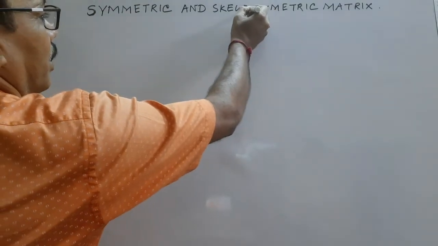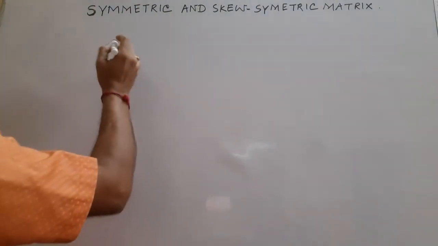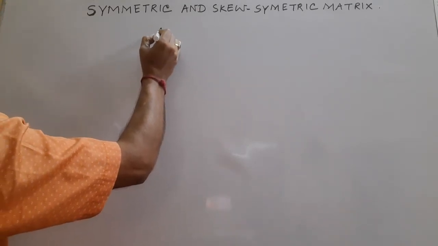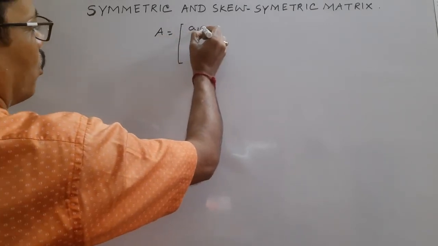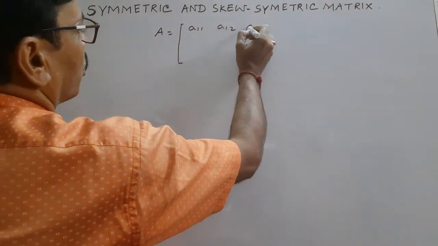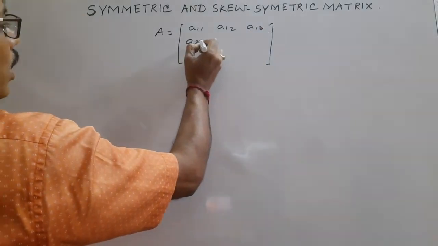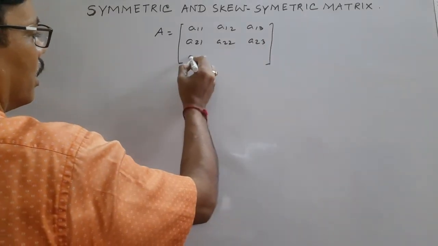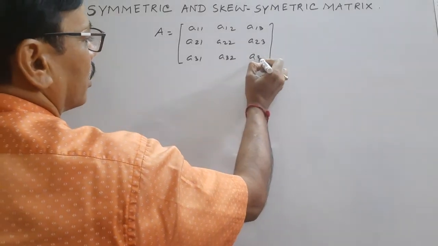So, symmetric. A equals to, suppose, A11, A12, A13, A21, A22, A23, A31, A32, A33.